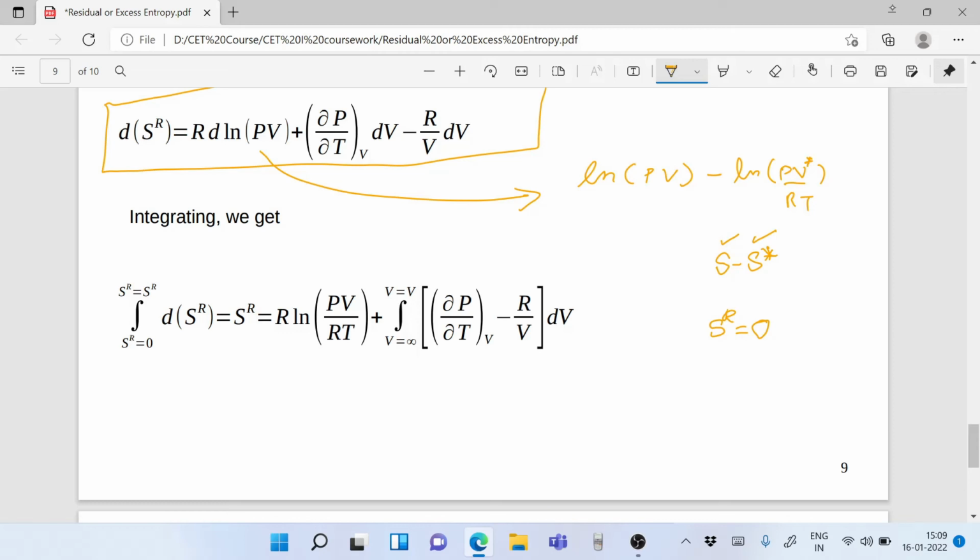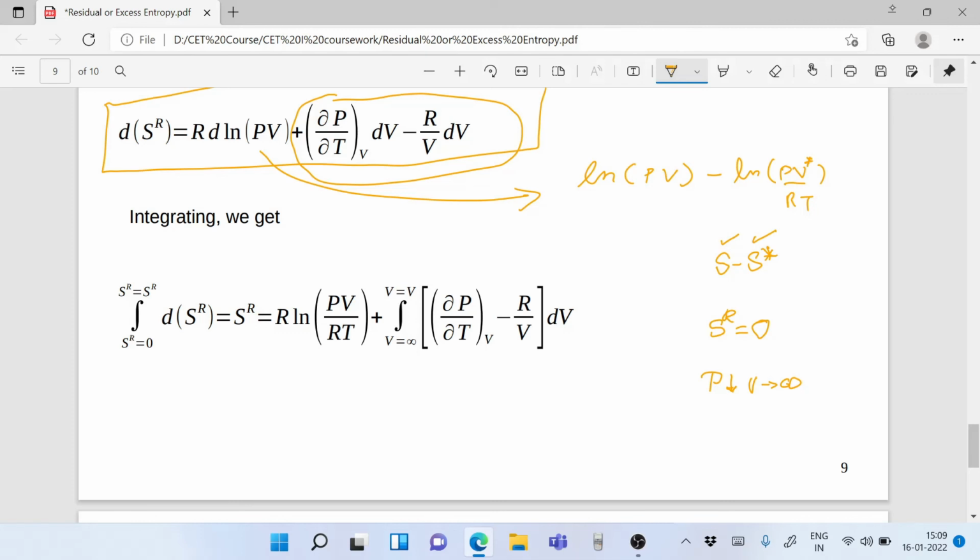Now we integrate the final terms, that is these two terms, from V infinity. So V is taken as infinity at the lower end because at a very, very low pressure, gases tend to behave as an ideal gas, right? So when the pressure is very, very low, V tends to infinity.